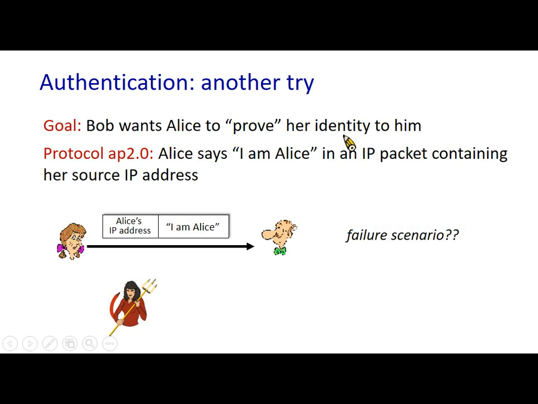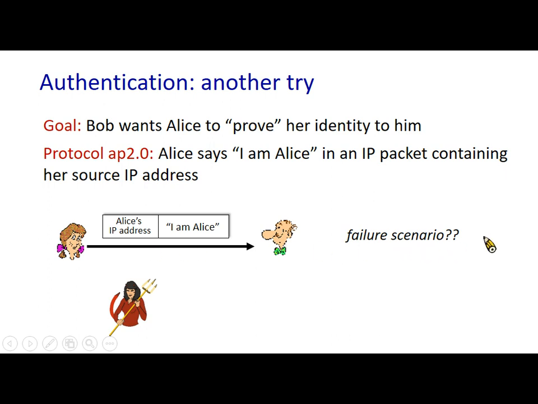So authentication, another try. The goal: Bob wants Alice to prove her identity to him. Protocol AP 2.0: Alice says "I'm Alice" in an IP packet containing her source IP address, and sends it to Bob.